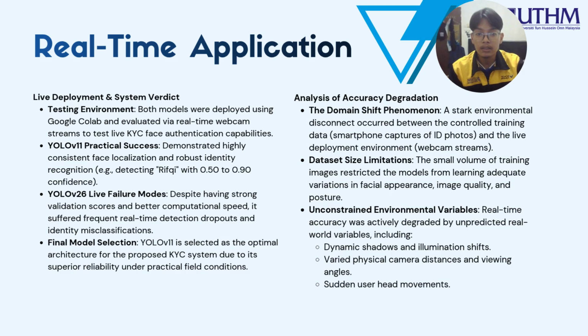The last is unconstrained environmental variables. The variation of lighting condition, pose of the face, and the distance from the camera between the training dataset and the webcam test environment may have also been a source of the decrease in accuracy during testing.